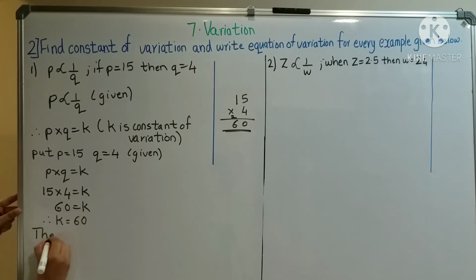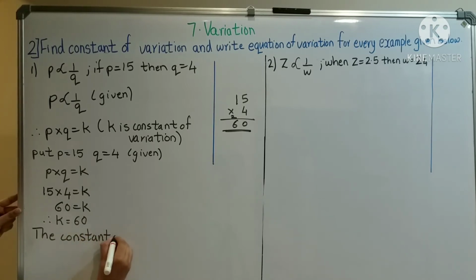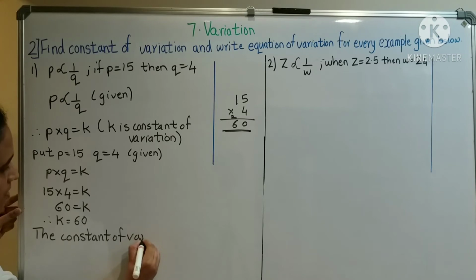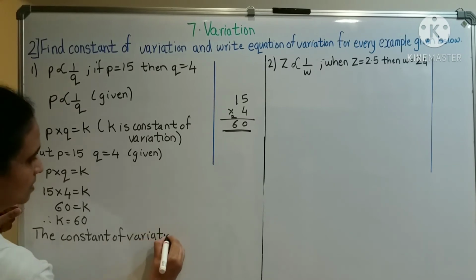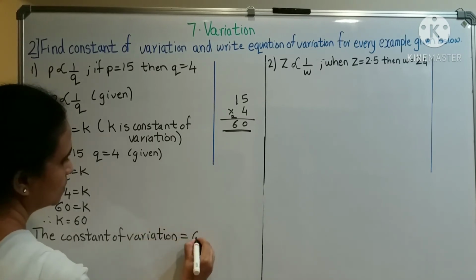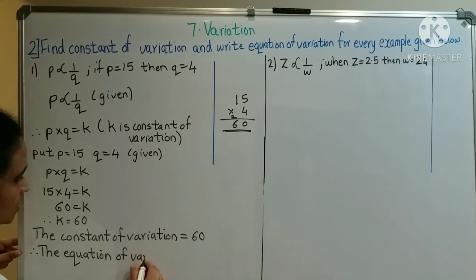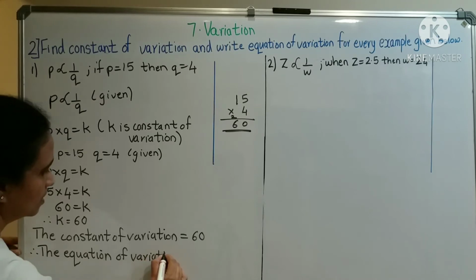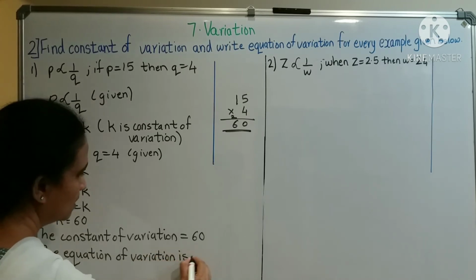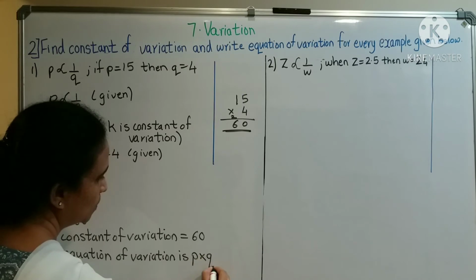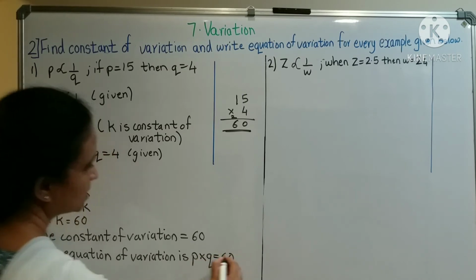The constant of variation is equal to 60. Therefore, the equation of variation is P into Q is equal to 60.